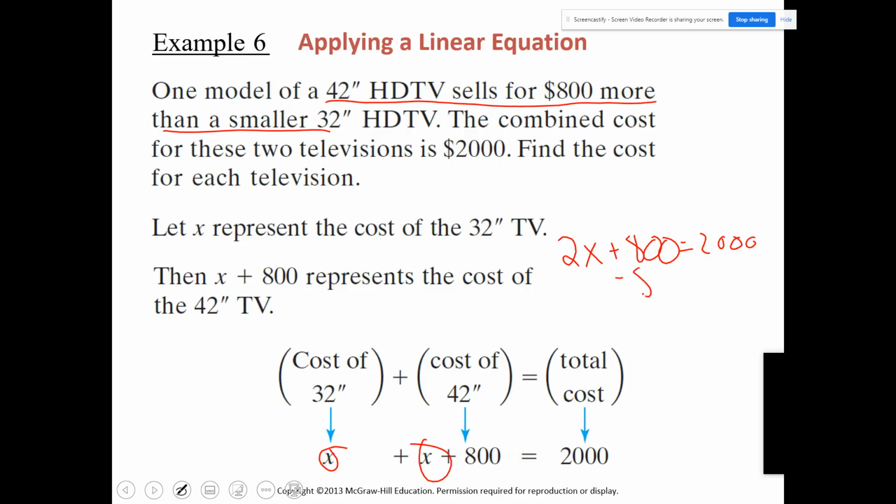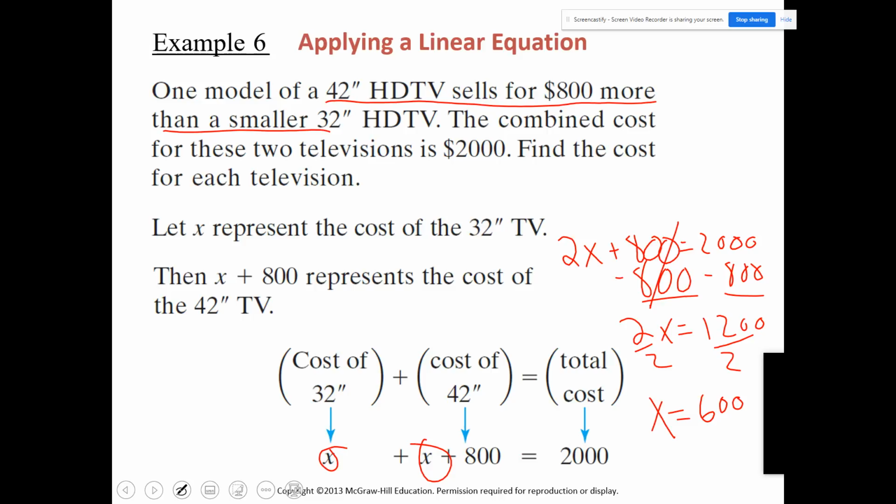Then to solve it, we do minus 800 on both sides. We get 2X equals 1,200 divided by 2. So we're going to get X equals 600.